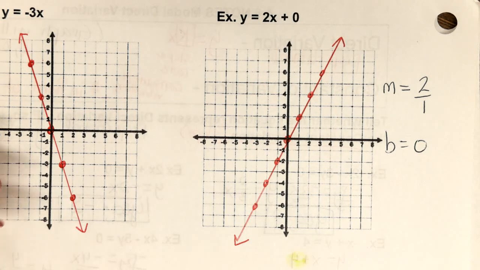Make sure you started at 0, 0, and that you went up 2, right 1.